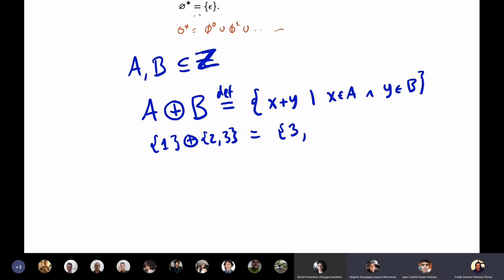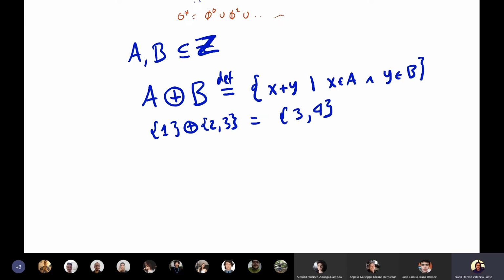No, 3, 4. Yeah. It has two elements, and one is 3 and 4. Okay. So, sorry, I should have. Here is the first question.